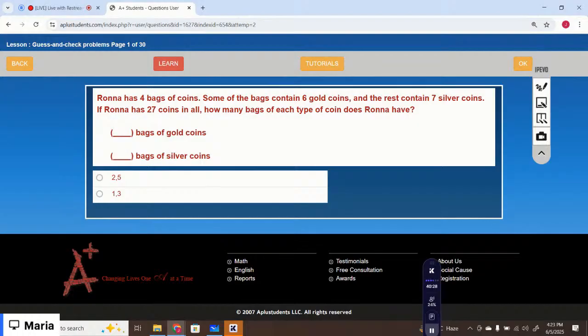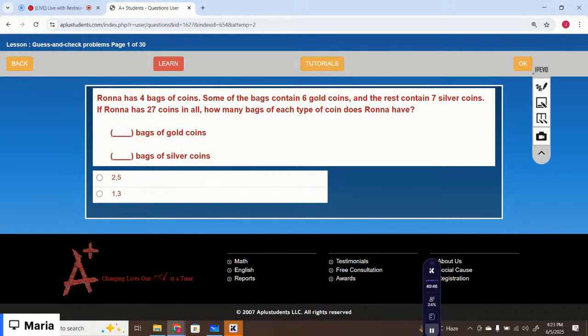Rona has 4 bags of coins. Some of the bags contain 6 gold coins and the rest contain 7 silver ones. If Rona has 27 coins in all, how many bags of each type of coin did Rona have?